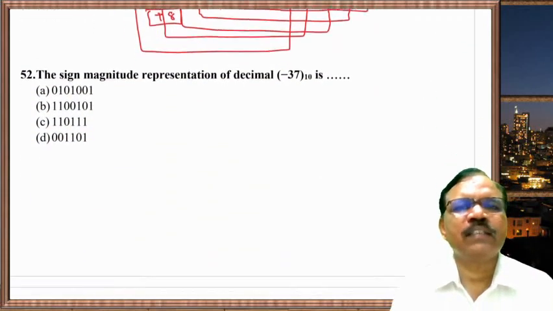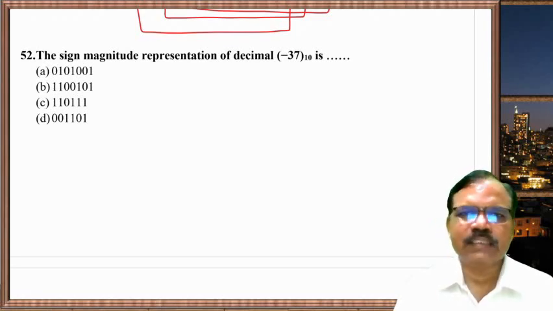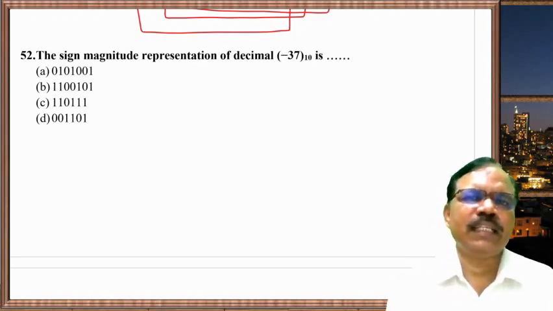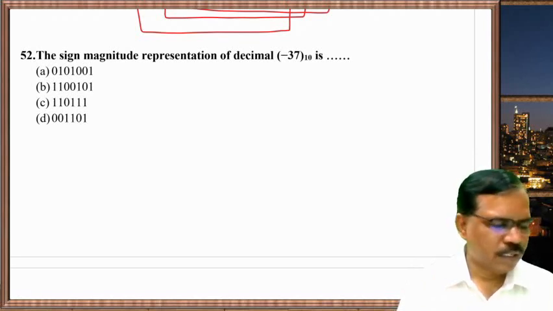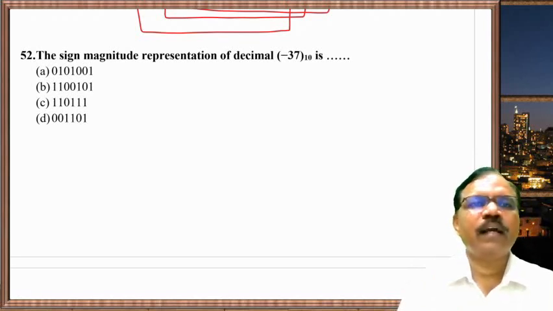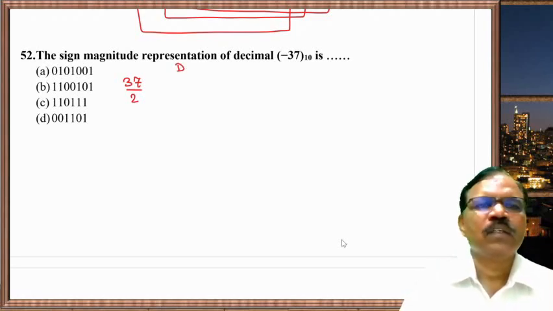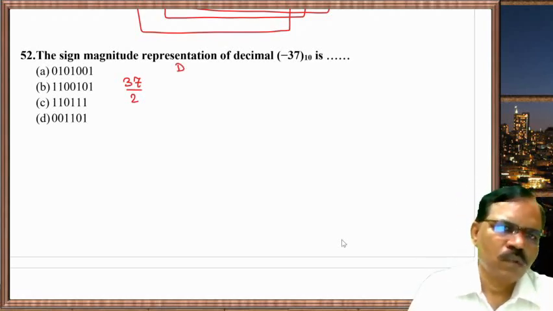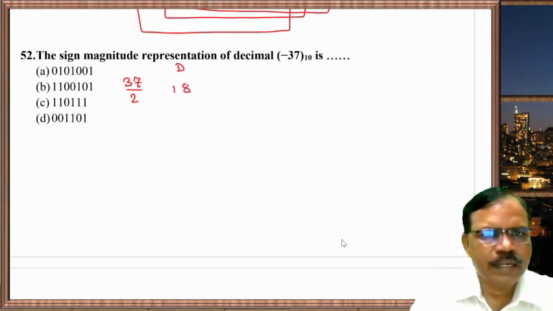Now next one, the sign magnitude representation of decimal minus 37 to the base 10 is. So first we have to convert 37 in binary form. So 37 divided by 2, you will get here 18 and remainder is 1.